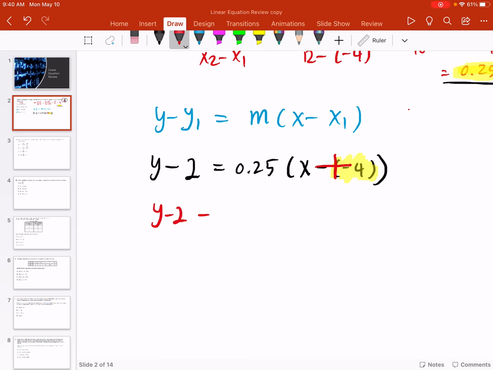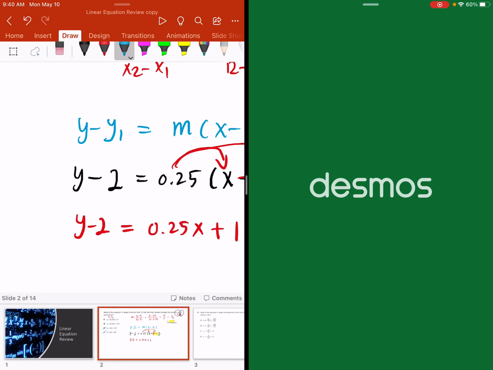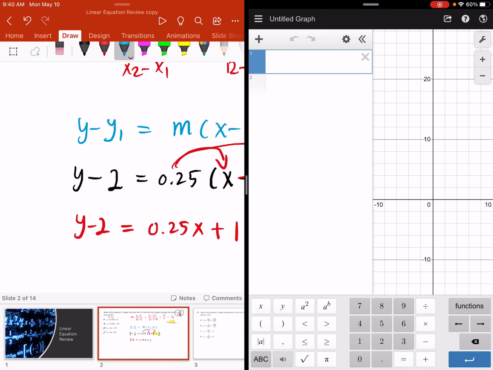y minus 2 is equal to 0.25 times x, which is 0.25x. 0.25 times 4 will become plus 1. If you're not sure, make sure to use decimals when you multiply, like 0.25 times 4, like that.